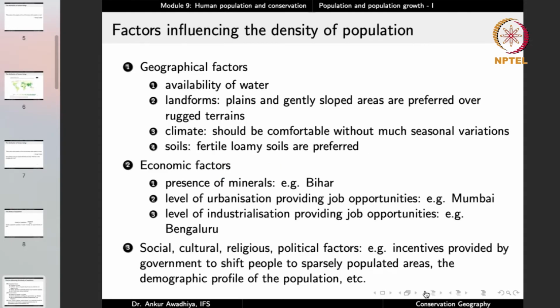And there are several factors that influence this density of population. So, we have geographical factors, economic factors, social, cultural, religious, and political factors. Geographical factors include things like availability of water. When we were looking at the hydrosphere, we saw that fresh water is a very small percentage of the total water on this planet.